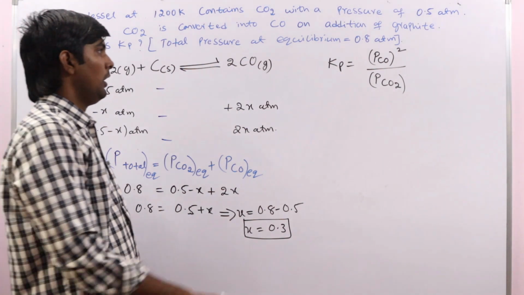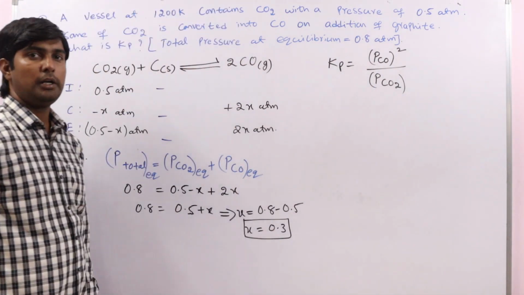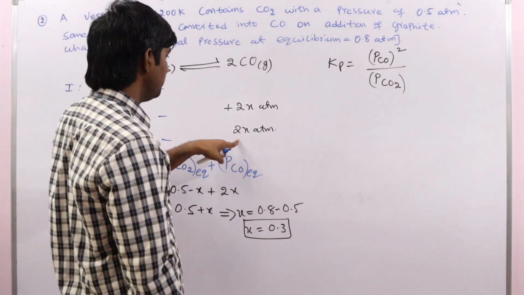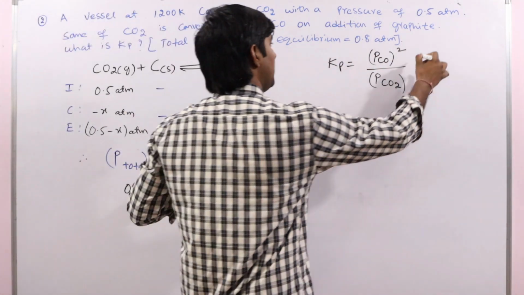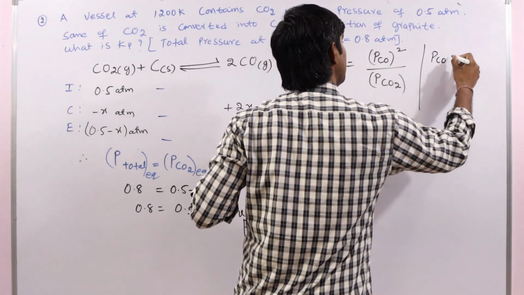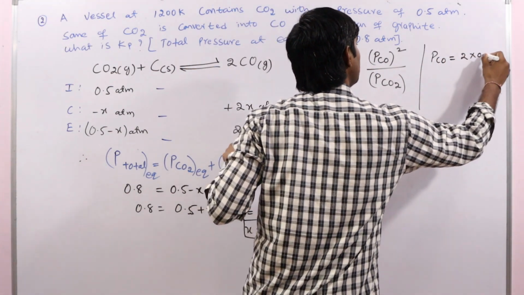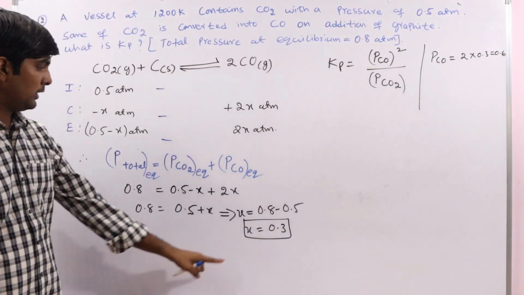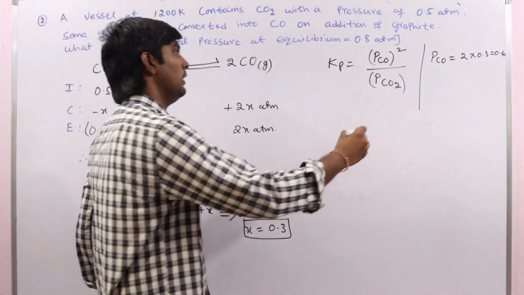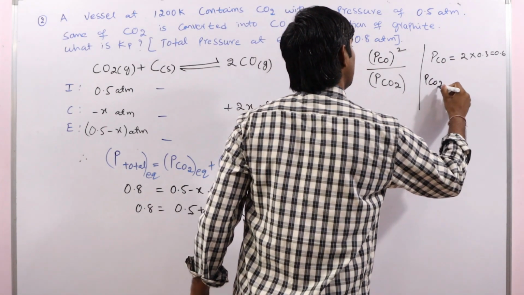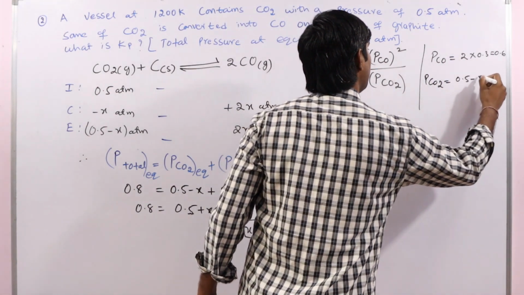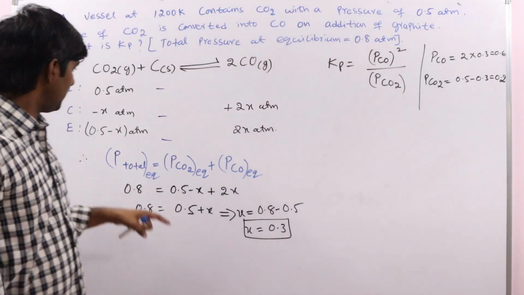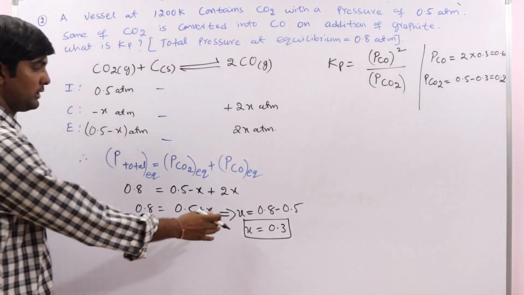Now we have to substitute partial pressure of CO and CO2 at equilibrium. Partial pressure of CO equals 2 into 0.3, that equals 0.6, since x equals 0.3. And partial pressure of CO2 is equal to 0.5 minus 0.3, that equals 0.2.